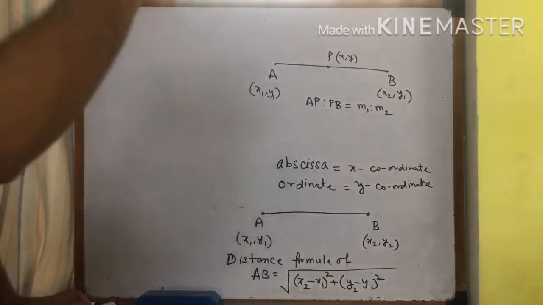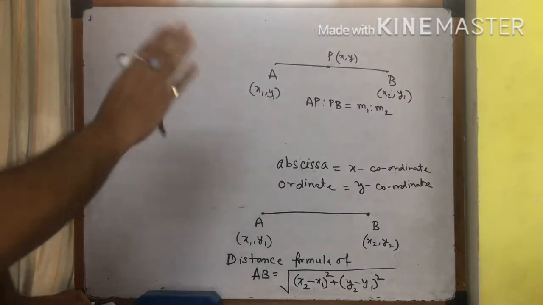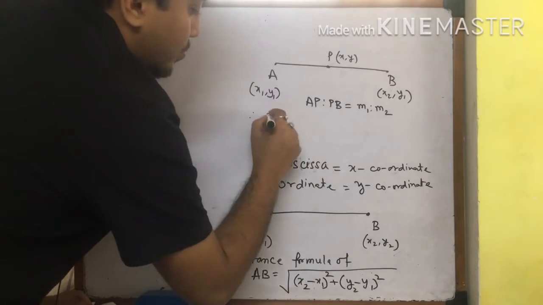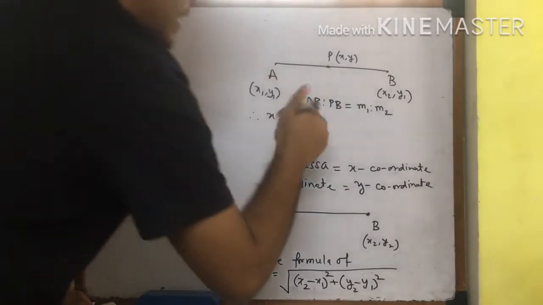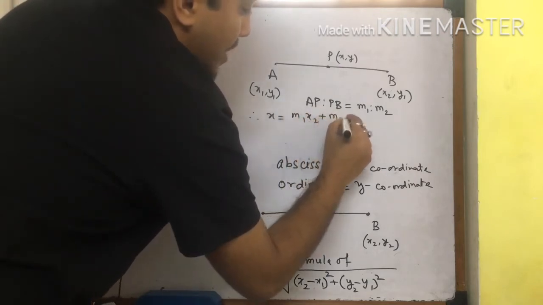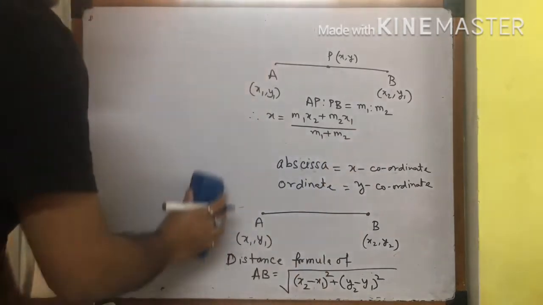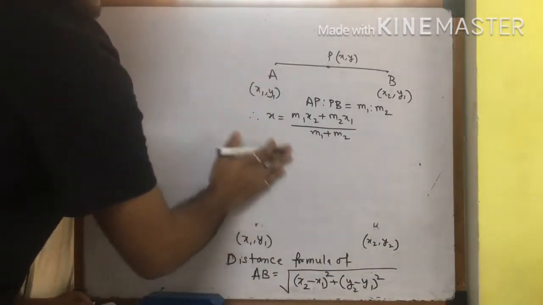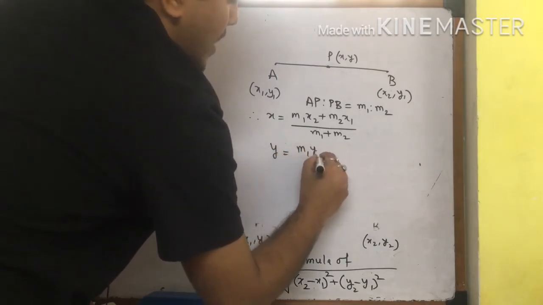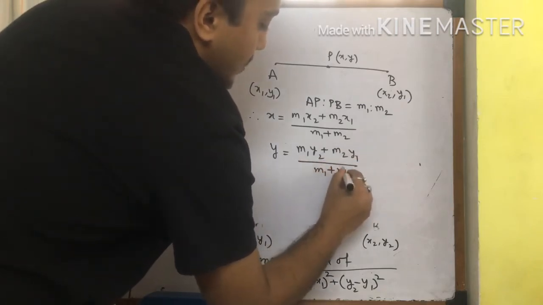Then what are the coordinates of P? Then we have to find the value of x and y, that means the coordinates of P. Therefore, x is equal to (m1 x2 plus m2 x1) by (m1 plus m2), and y is equal to (m1 y2 plus m2 y1) by (m1 plus m2).